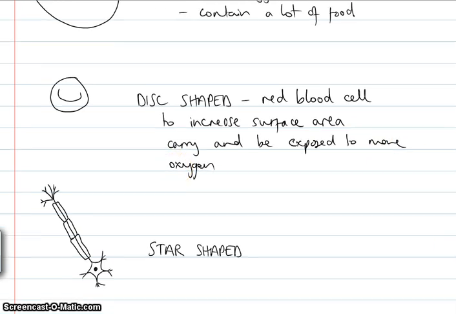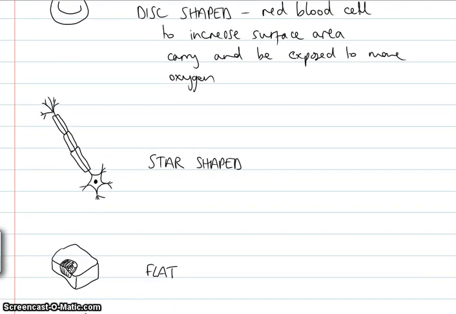And finally we have, oh, not finally, sorry, penultimately we have the nerve cell. Now, I would also describe this as long and thin, but this shape here is important. This is a star shape.